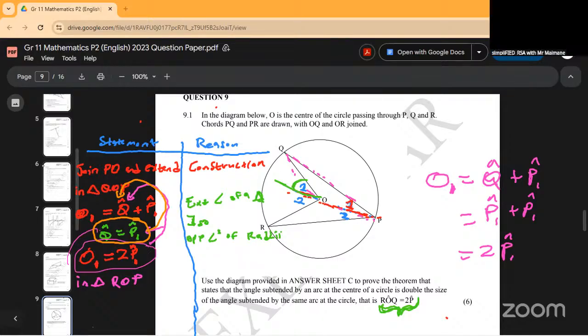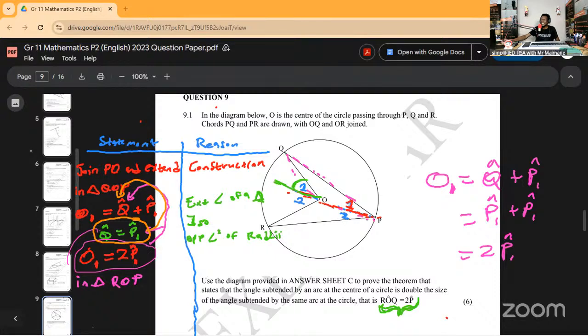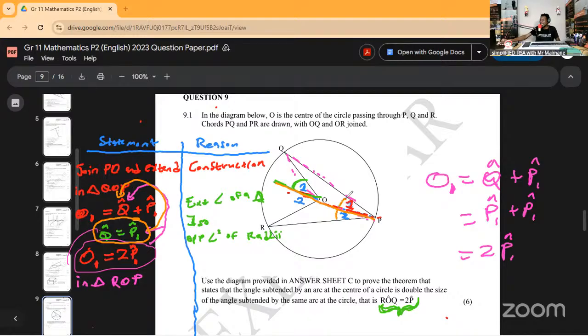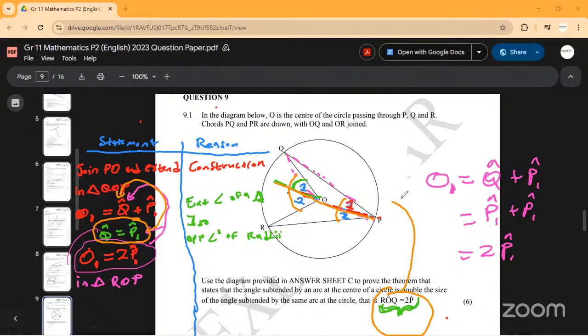Remember, the reason why we constructed it like that is because the theorem is about that value. We constructed it because we wanted to make P1 and P2 as well as O1 and O2 involved, because that's what the main theorem that we are proving is all about.